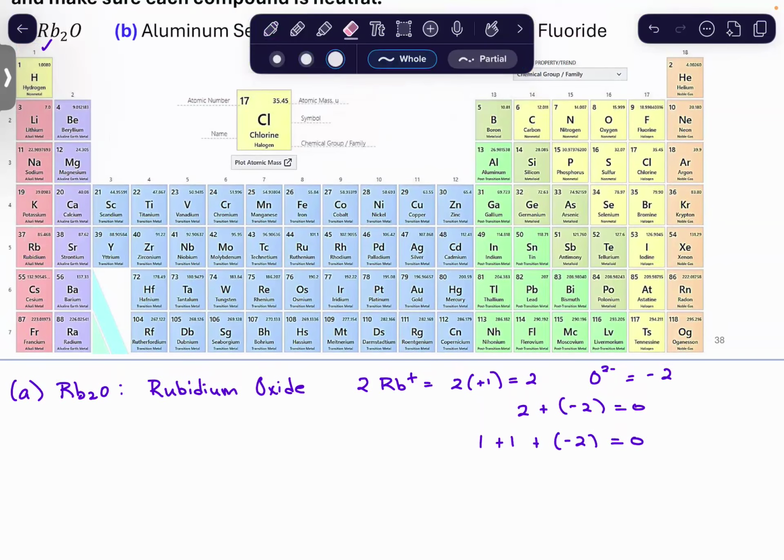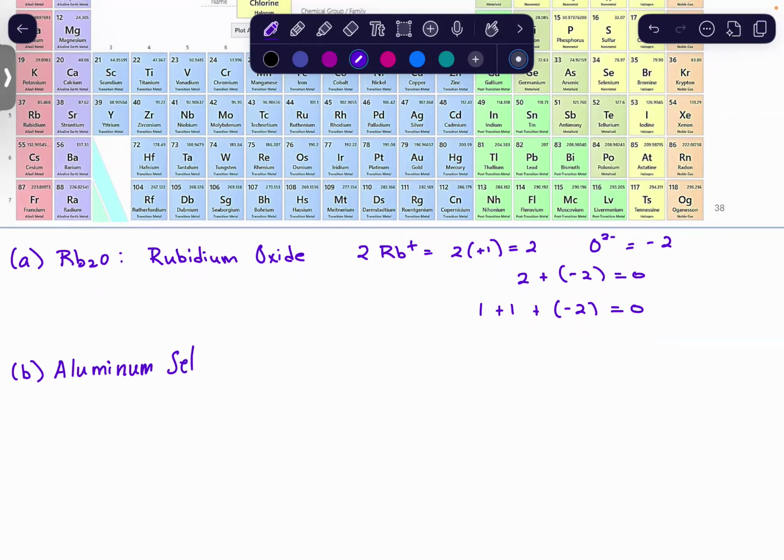B, aluminum selenide. Okay, so I'm going to look.